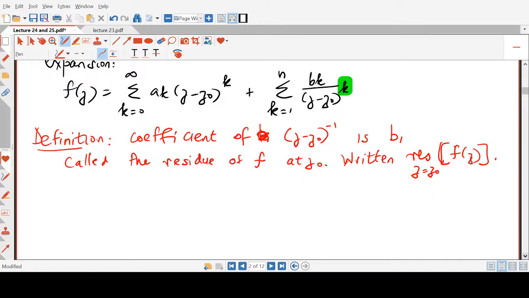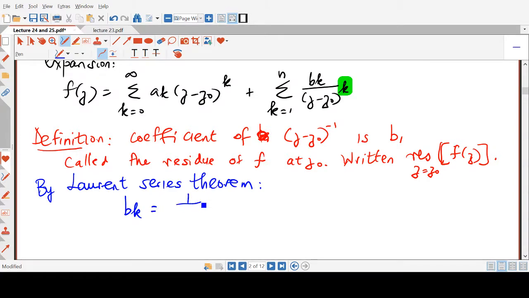Now you'll see it has a special characterization. By the Laurent series theorem, which we did in the last lecture, the b_k had a specific value: 1 over 2 pi i times the integral of f(w) over (w minus z naught) to the k minus 1 dw.